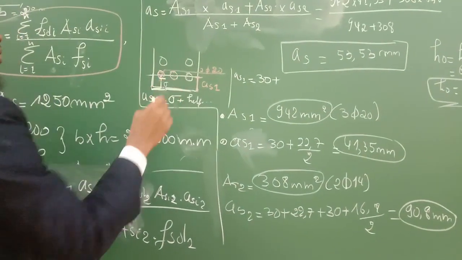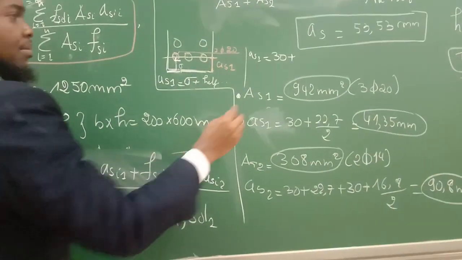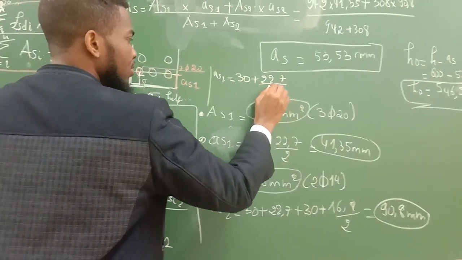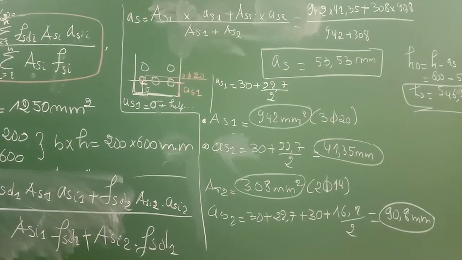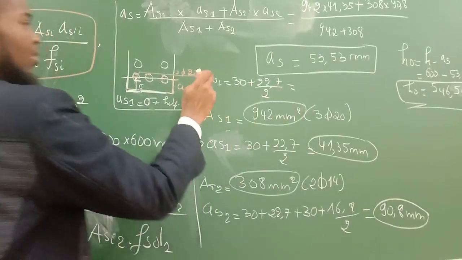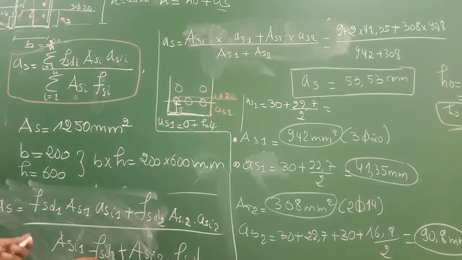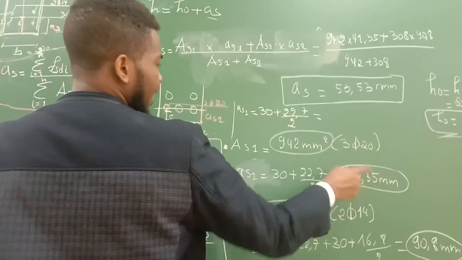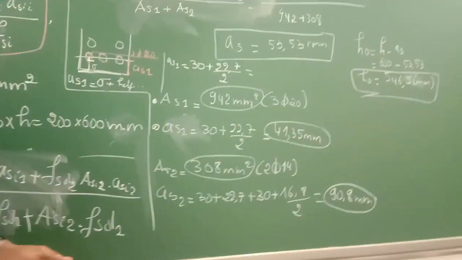The outer diameter is actually everything, but we now take the half of that, which is 22.7 divided by 2. That is what will give us the AS1. We can calculate the value of AS1. After calculation it is 41.35. This is for the AS1.